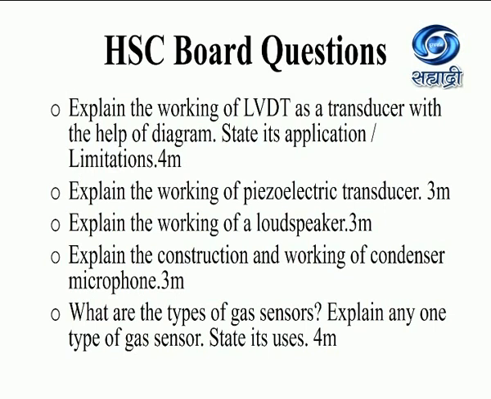Then how this transducer is used for displacement. Then you have to explain the working of LVDT, that core position, if it is at the center, if it is on the left side, or if it is on the right side. In this way you can explain the working, and you have to state the applications or limitations. So you can write down either applications or limitations of this LVDT.